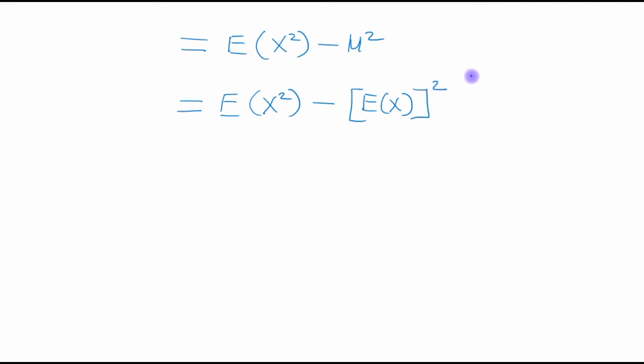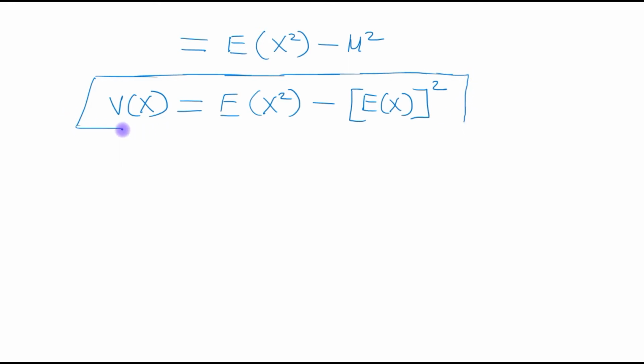So this is the final formula of variance of x, that is E(x square) minus (E(x)) whole square. Okay, this one, fine.